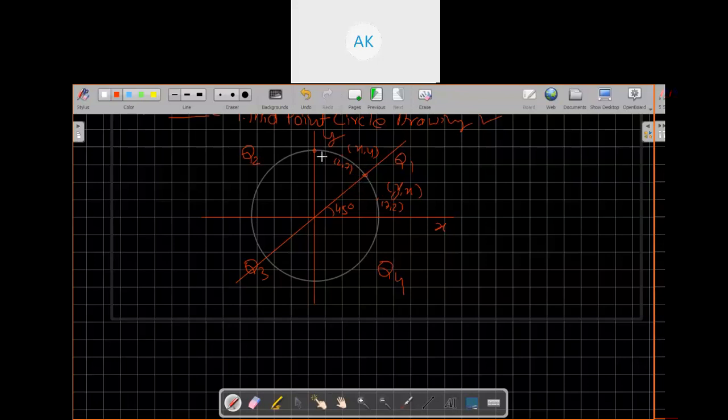So we start calculating the points from this point to this point. Then we just take the mirror of these points and complete our circle, meaning these give the other points of your circle. Is it clear?